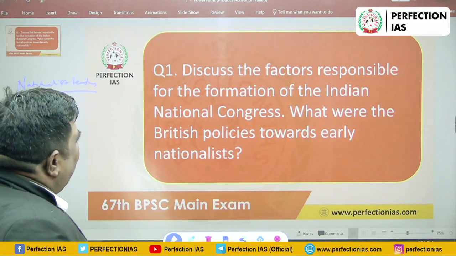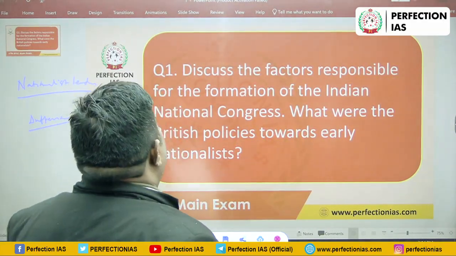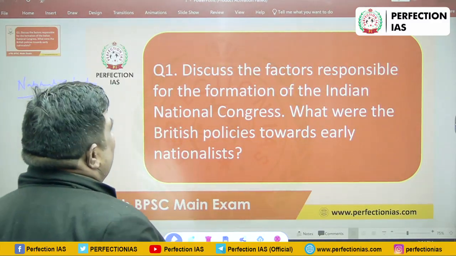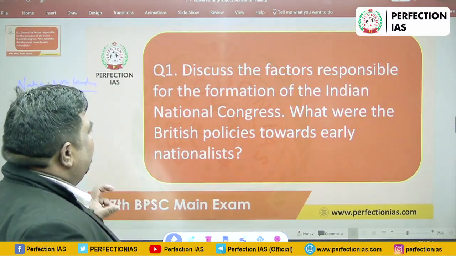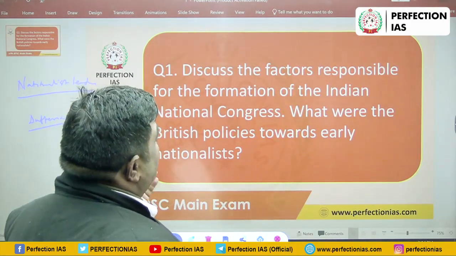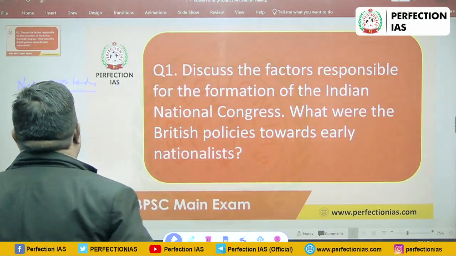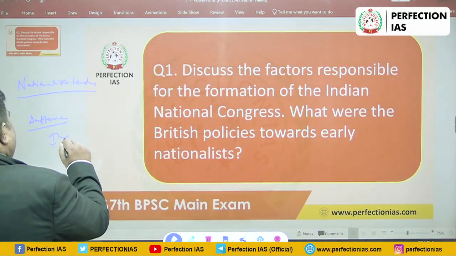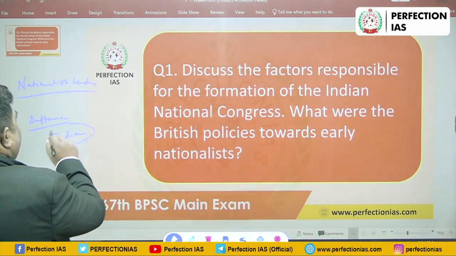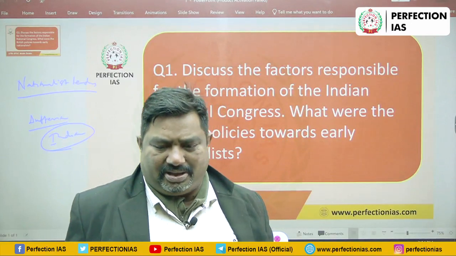Anyway, but the point is, what were the factors responsible? As I told you, there was some concern about the communication gap, and these are all the perspectives from the British point of view. But what was the Indians' point of view? Because for Indians, why did they want the formation of Indian National Congress? Already there were many political parties in the offing.